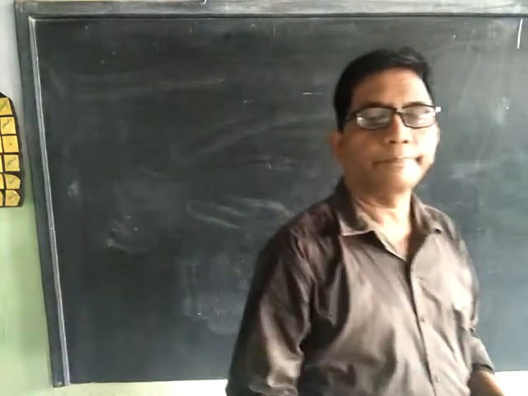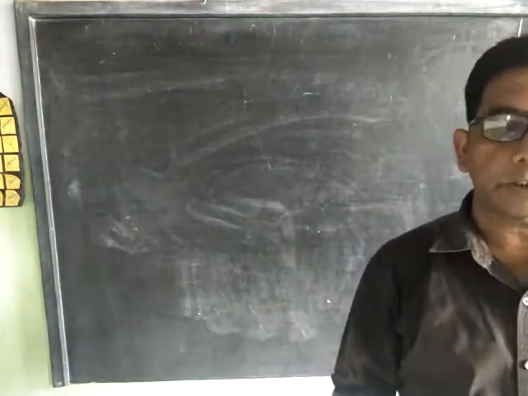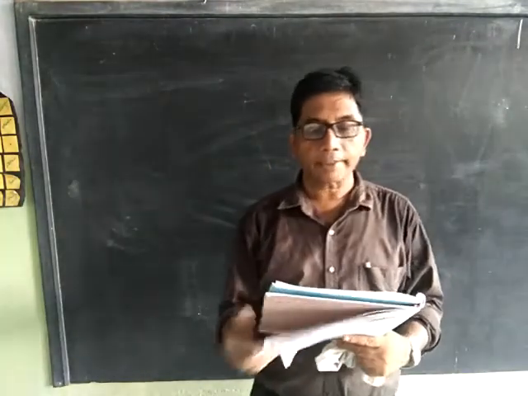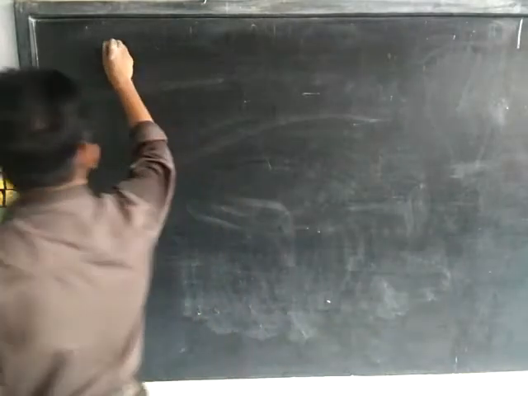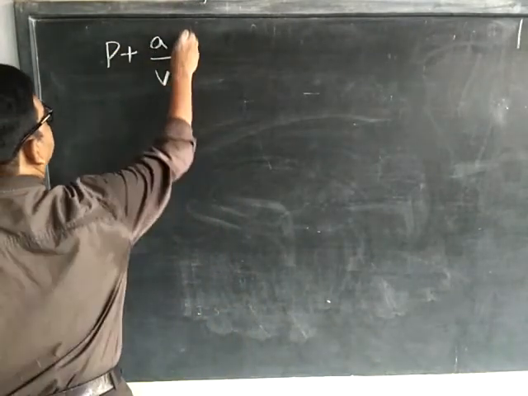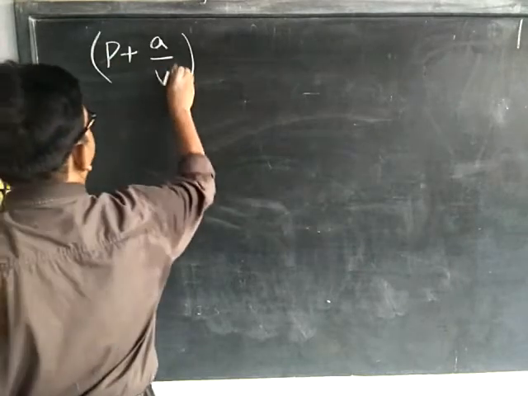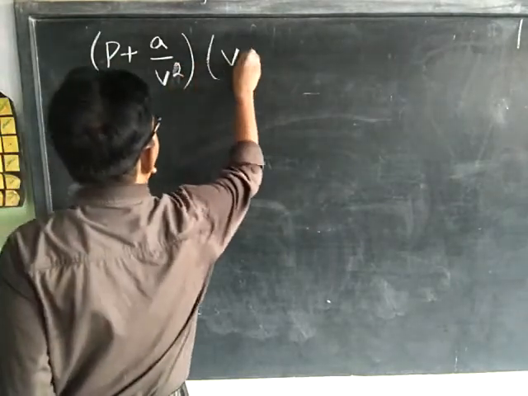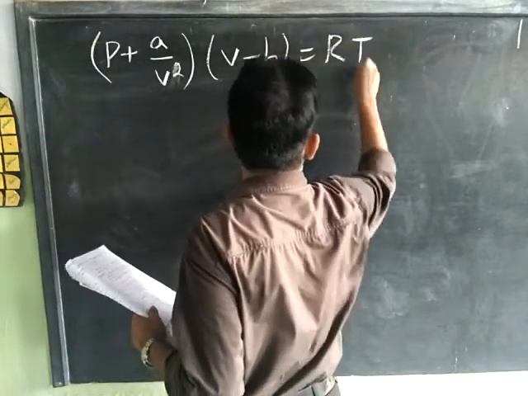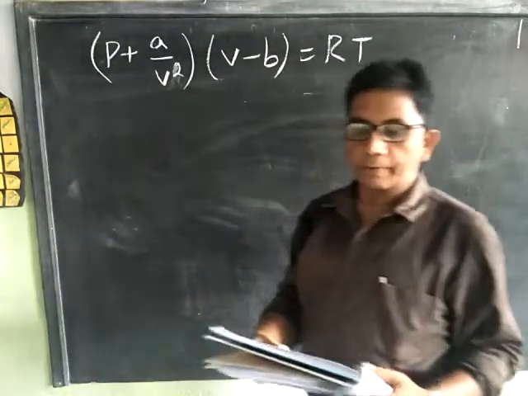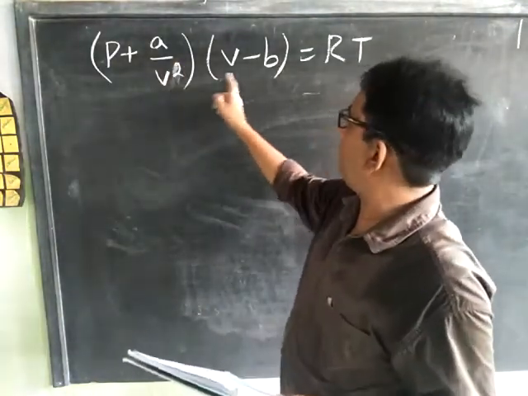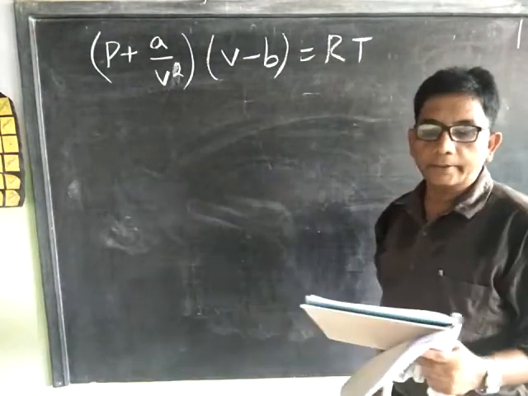First question: the van der Waals equation for a gas is (P plus A upon V square)(V minus B) is equal to RT.